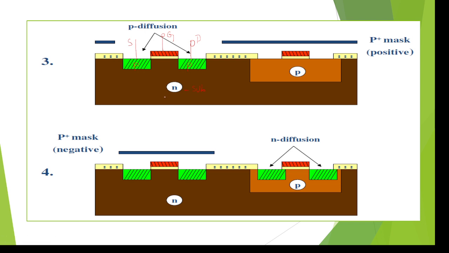Next, coming to the fourth step: the left side transistor is completed, then the right side transistor. Using a mask again, we need to diffuse electrons, because it is a PWell and already has holes.